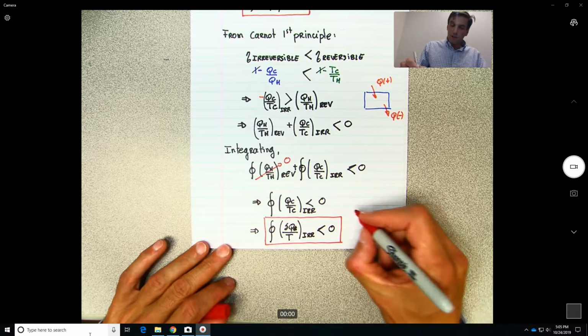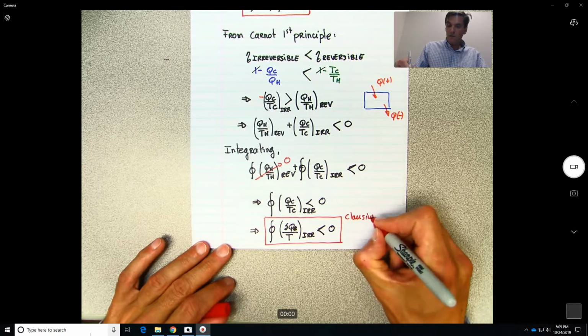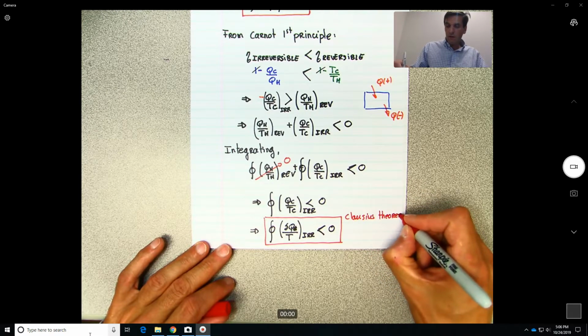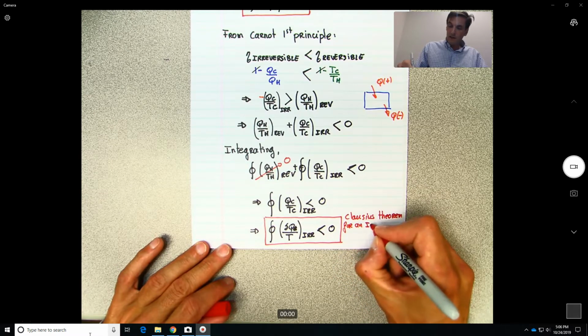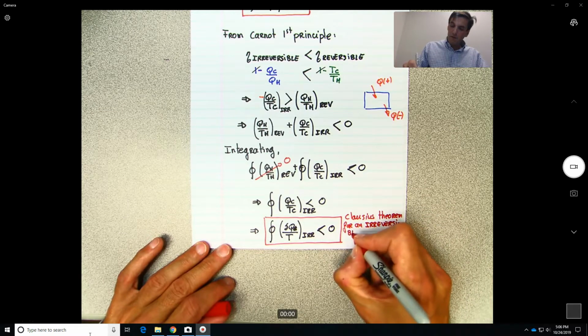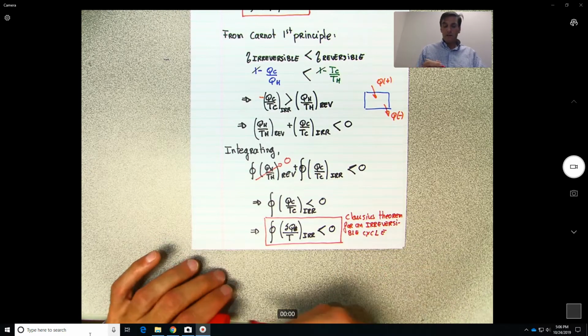So this will be the Clausius theorem for an irreversible cycle.